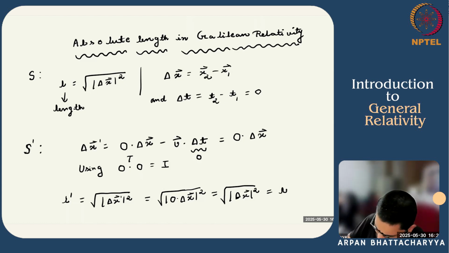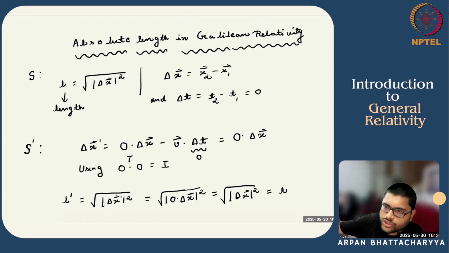Now in S prime, delta x prime transforms accordingly. So this is just a small differential version of the previous transformation that we wrote down. And of course delta t is 0, so delta x prime is just O times delta x. O, remember, is the orthogonal matrix which satisfies this condition. And then it is evident that you compute L prime, which is mod x prime square whole square, and then you plug this in and you get a factor which is O transpose times O. Just do it carefully, keeping in mind these are matrix multiplications.